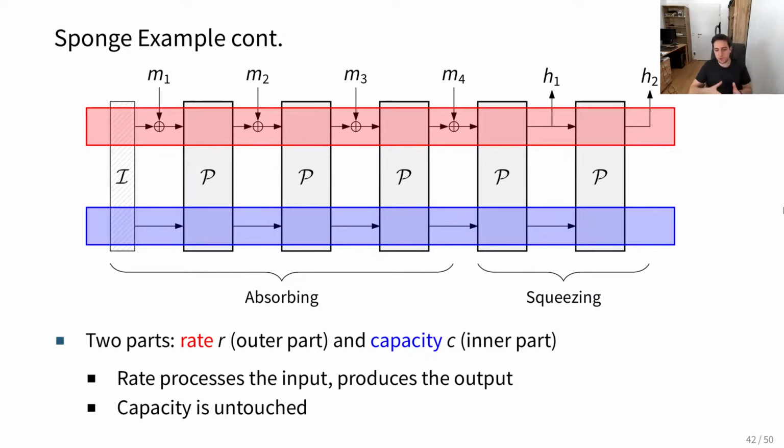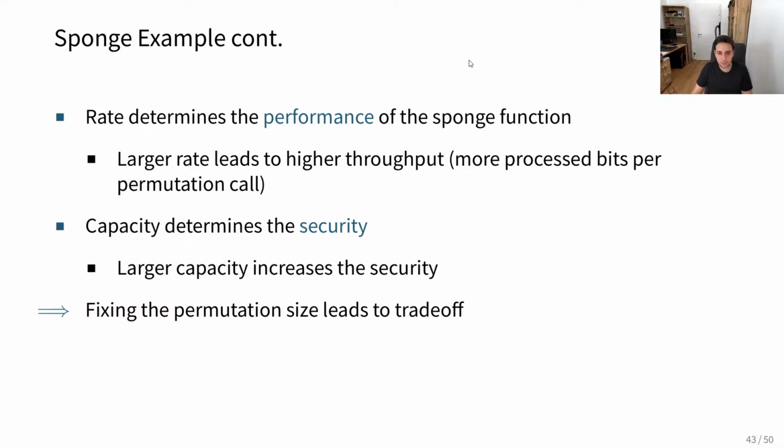So there's the absorbing phase and the squeezing phase, and there's the rate part and the capacity part in the sponge function. What can we say about these two parts? The rate determines the performance of the sponge function, because if we increase the rate, we have a higher throughput, since we can process more bits for each permutation call. The capacity determines the security of the sponge function.